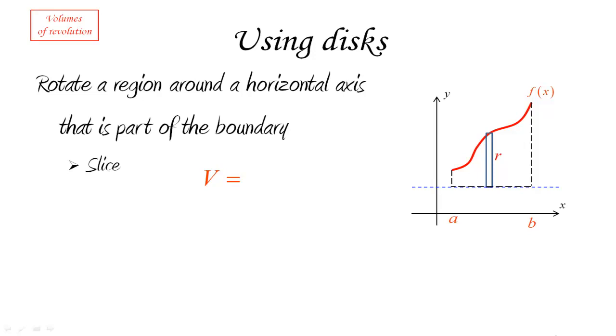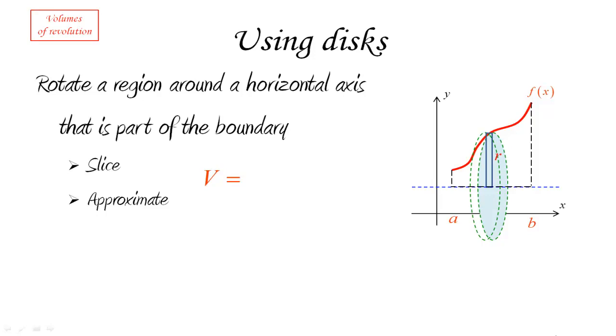Well, what happens when we take this particular slice, which is a rectangular approximation, and we rotate it around that axis? Well, the region we obtain is going to look like, yes, you guessed it, a disk. And so what we need to do now is review what is the volume of a disk.